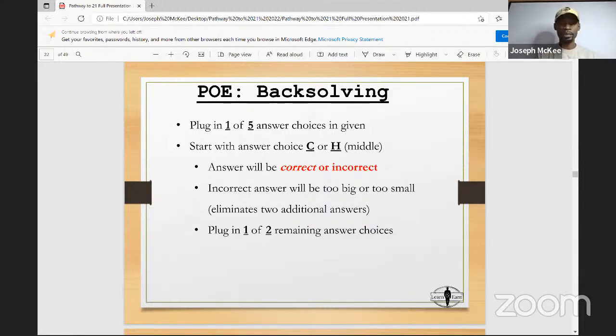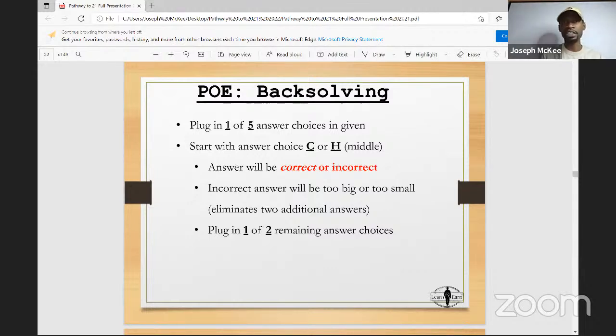Remember, we're trying to get rid of the wrong answers first. We're not going to just take any answer. We're going to start right in the middle with answer choice C or H. That's going to give us 2 answers above C or H, and 2 answers below.